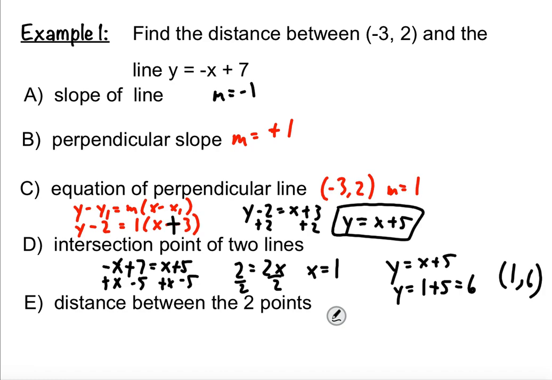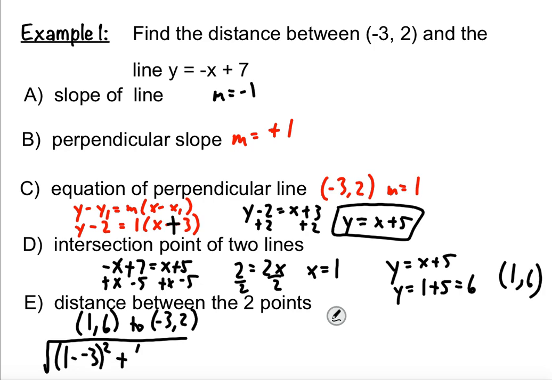Now I'm supposed to find the distance from (1, 6) to (-3, 2). If you remember your distance formula, you subtract your x's, square them, plus, subtract your y's, square them.